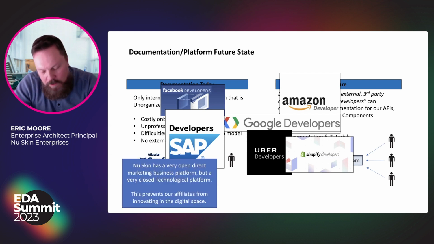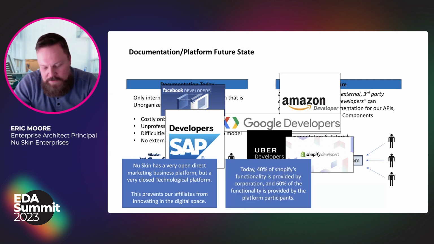And so in addition to having affiliate marketing, we're also a direct marketing platform, and that is very open. People can do their work in lots of different ways, given some guardrails. But our technological platform has been very closed.